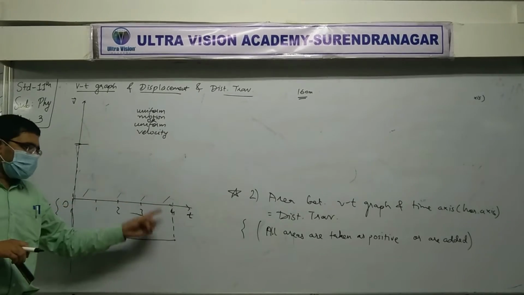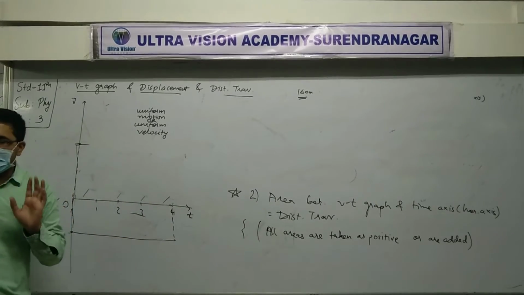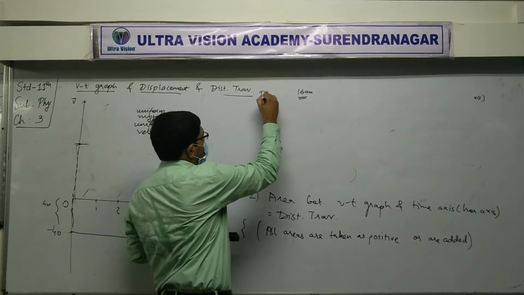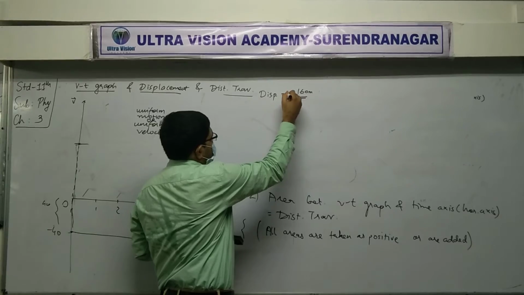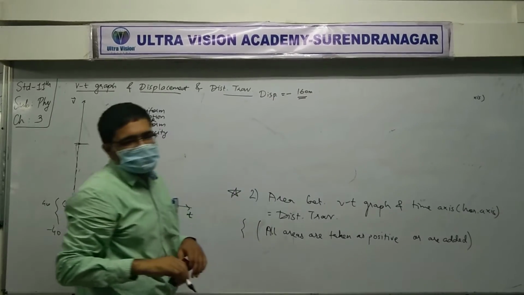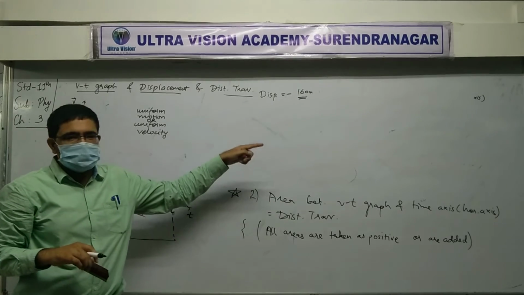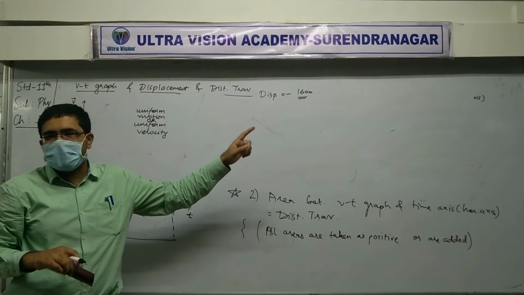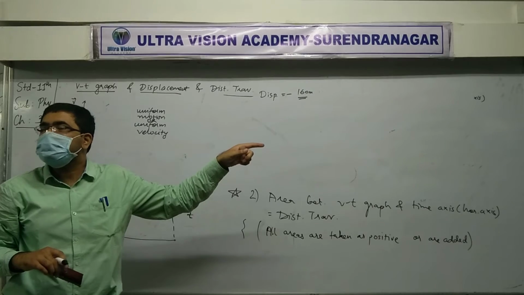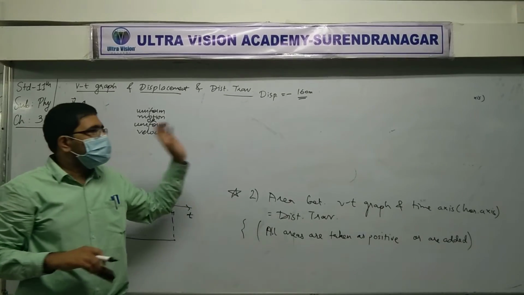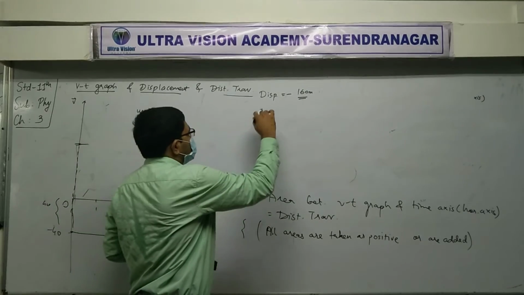Yes. Area of this part is 160. Now the question is, are you finding displacement or distance traveled? If you are finding displacement, that is delta x, then it will be minus 160. Is that clear? Yes. That's what the sentence was: consider area below the axis as negative. Clear or not clear? Yes. Okay. Fine.